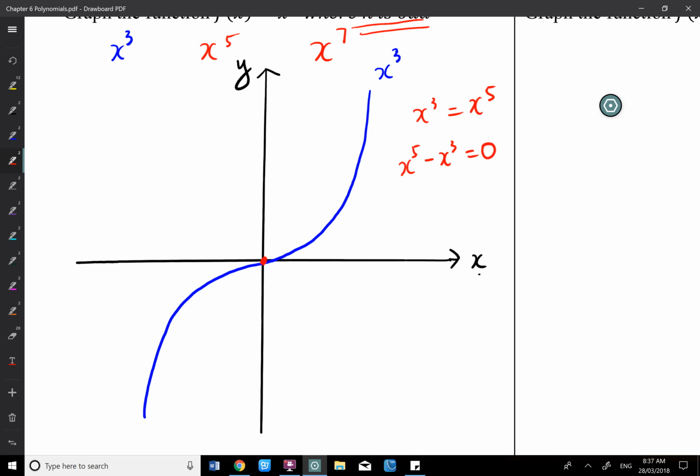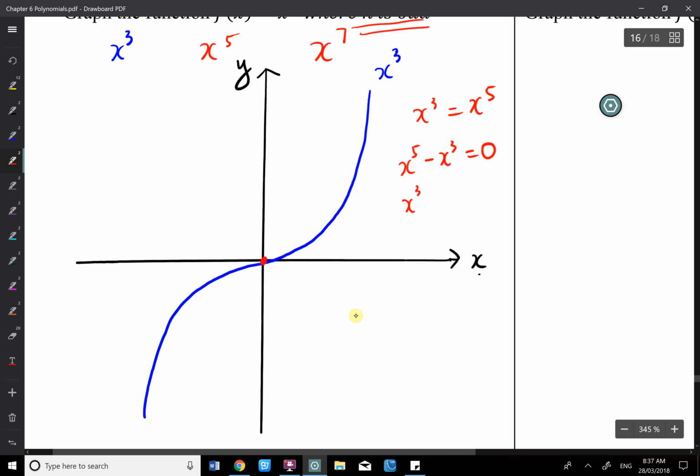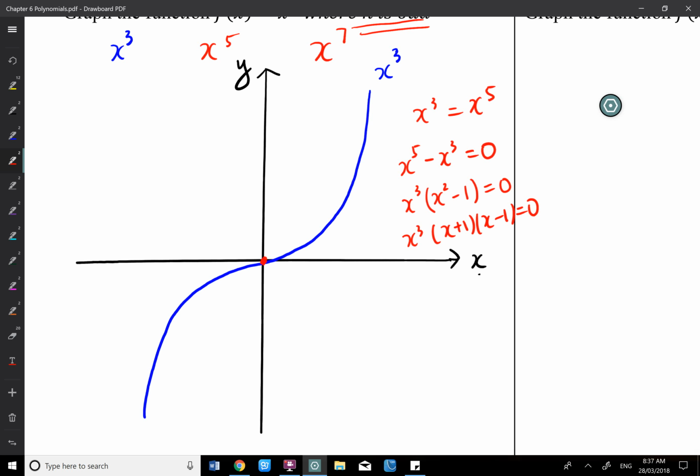So what can I do next? x cubed as a common factor, and x squared minus 1. So what are the intersections? You have plus 1 and negative 1.